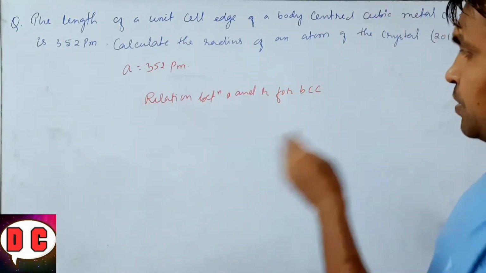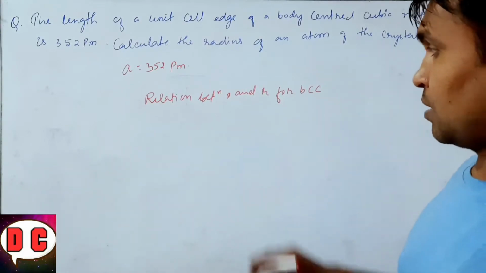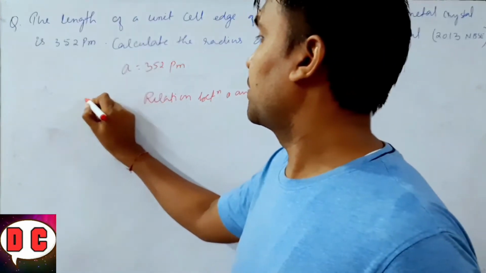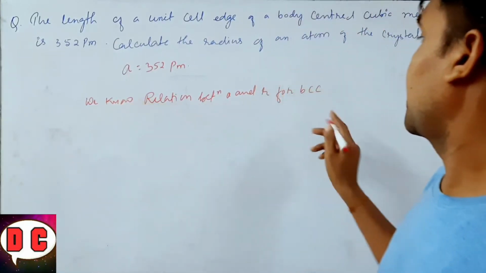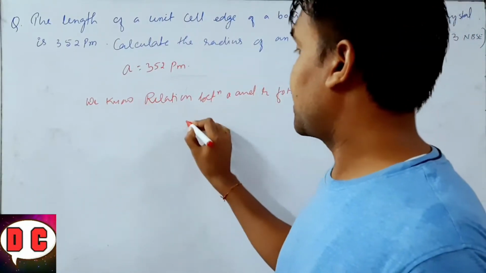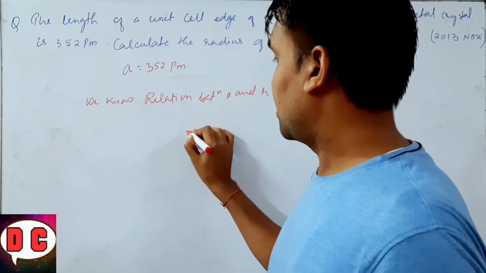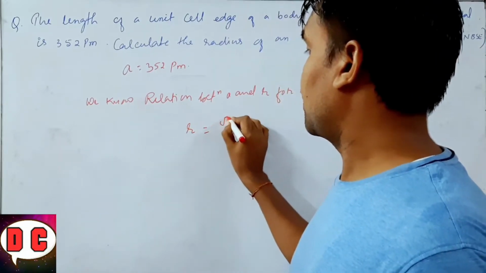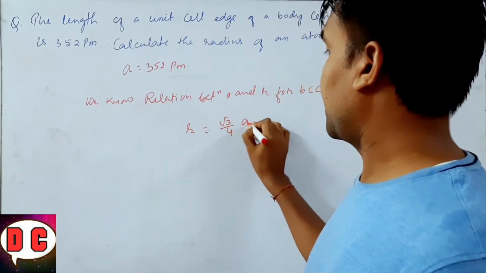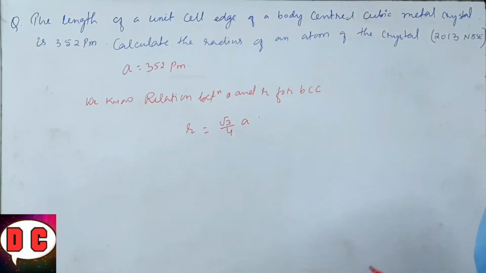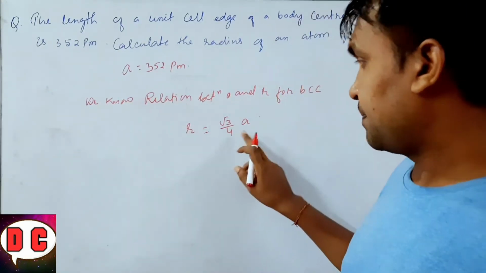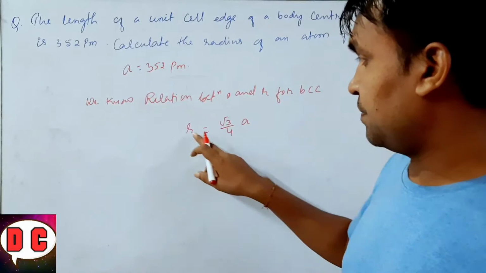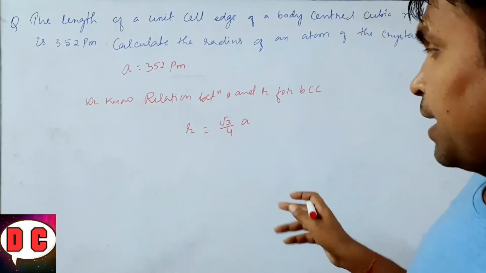You can write r is equal to root 3 by 4 a. This is the relation. Last class I told you what the relations are for BCC in the case of edge length and radius calculation.